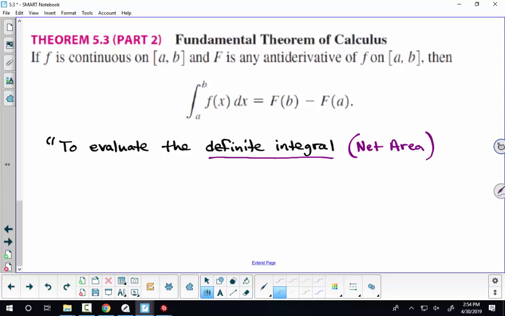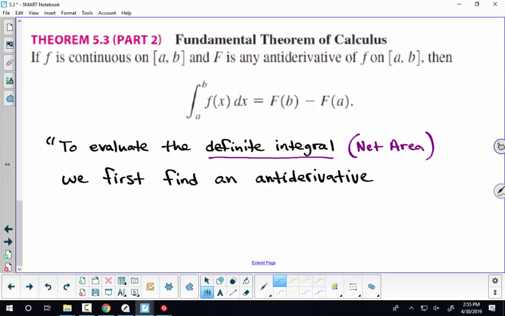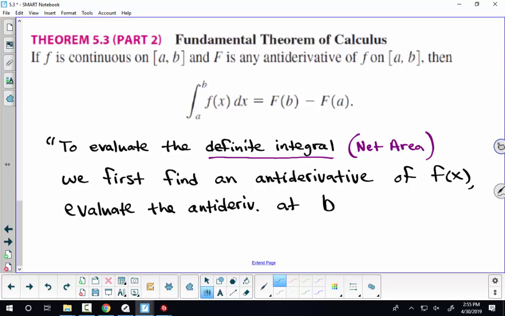So to find the net area, we first find an antiderivative of lowercase f, then evaluate the antiderivative at b and a.